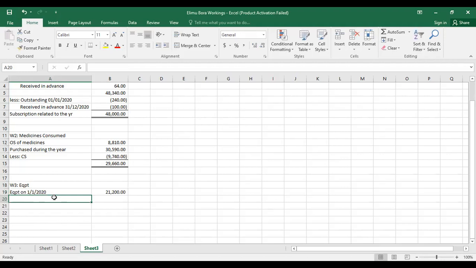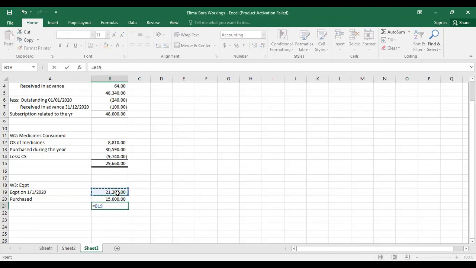Then I have purchased during the year. The equipment that was purchased during the year is going for 15,000, right? So let me add them. 21,200 plus 15,000, I'm getting 36,200, right?